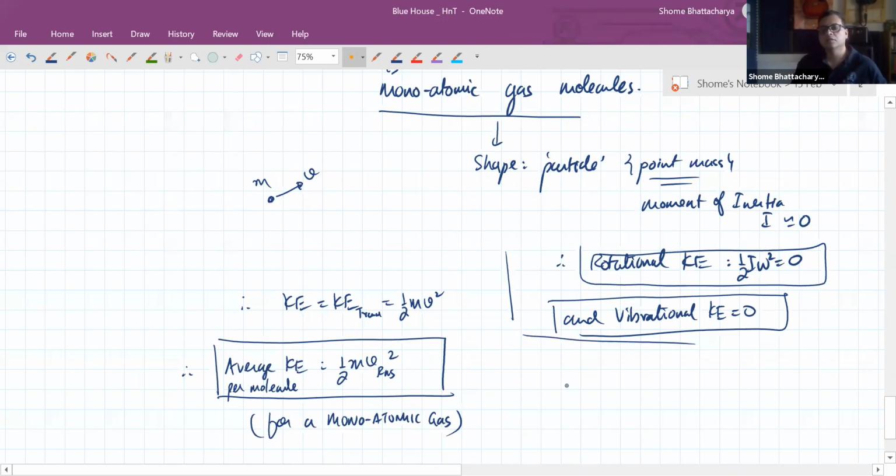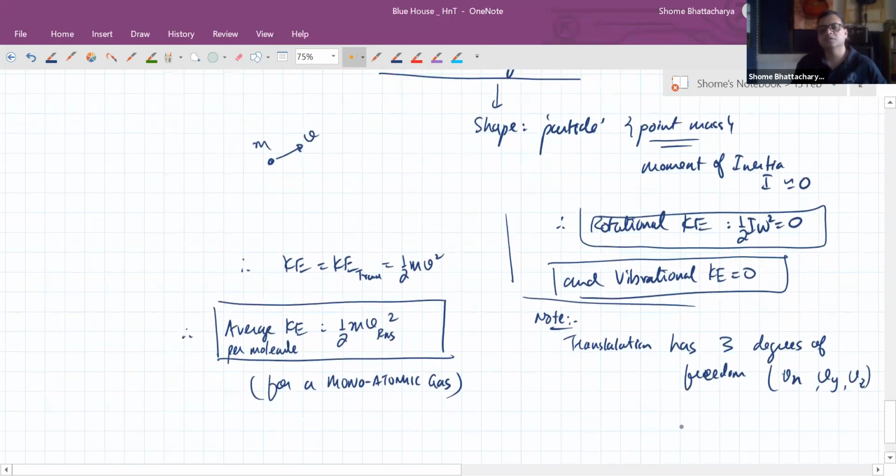Now we know that translation has 3 degrees of freedom, because it's translation in 3 dimensions. Okay.